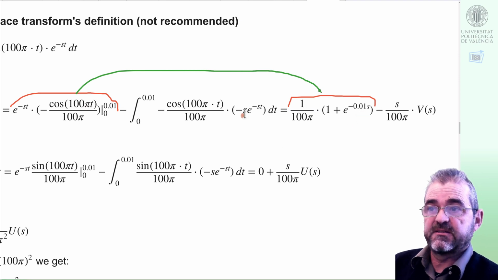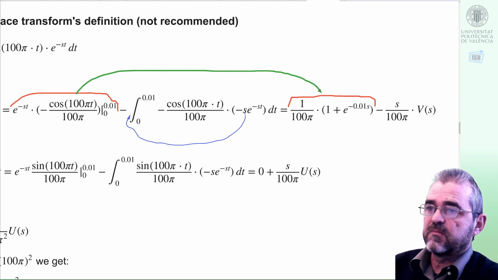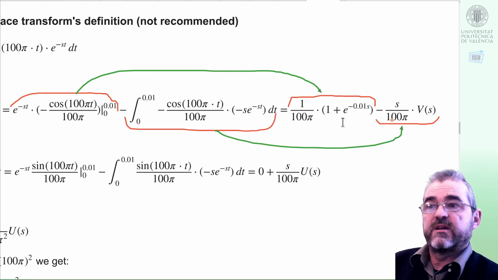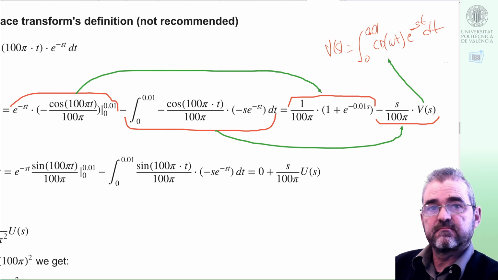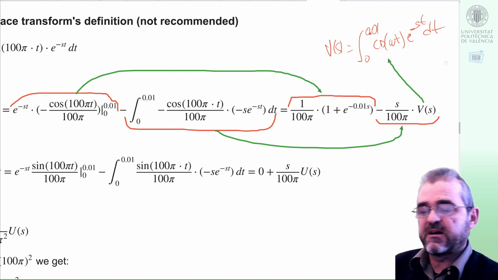And then as the Laplace variable s can get out of the integral because we are integrating with respect to time, and we have 3 minus signs, we end up writing the integral in here as this stuff here, where capital V of s is the integral in there, exponential times cosine. So good, we have the first integration by parts.